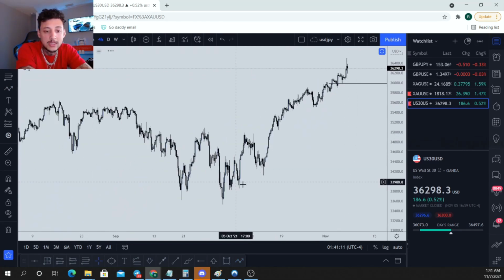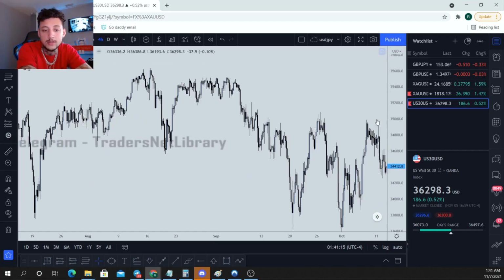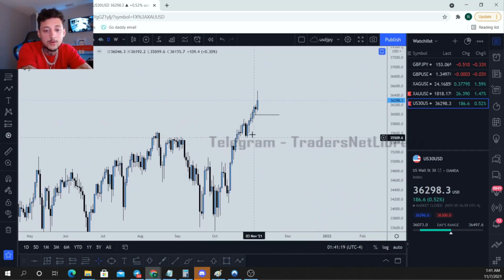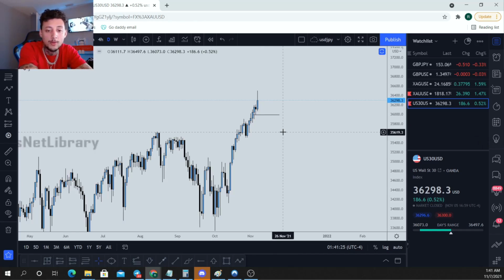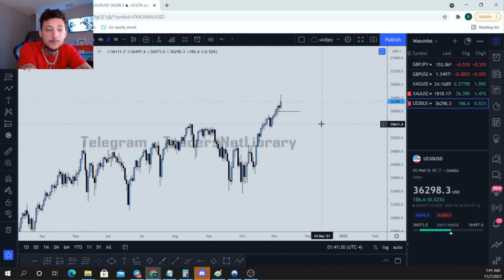But when it comes down to index pairs like this, it's typically a little bit different because you always want to pay attention to where the daily time frame is also. Typically, a break of structure on the 4-hour time frame means that price is going to be doing a pullback on the daily time frame, meaning that it is going to make a higher low for the daily.